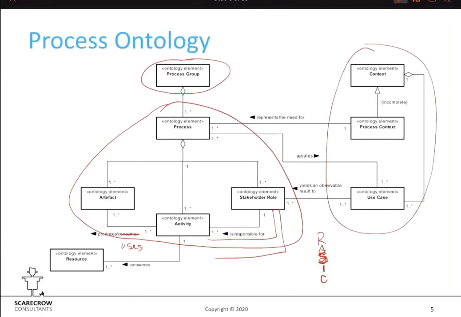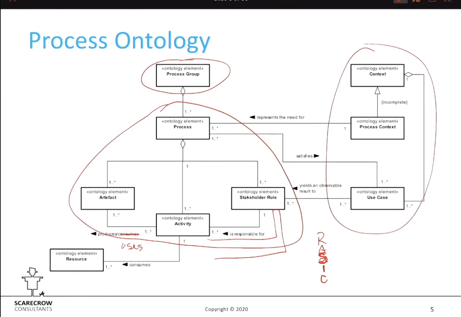That's where the process groups come in, where you can bundle up sets of processes that are carried out in life cycles, or if you just want to group related processes together, so all of your technical processes, all of your management processes. Essentially, a process group is just a convenient grouping of processes. You don't necessarily have to have process groups. If you only had two or three processes, you probably wouldn't bother.